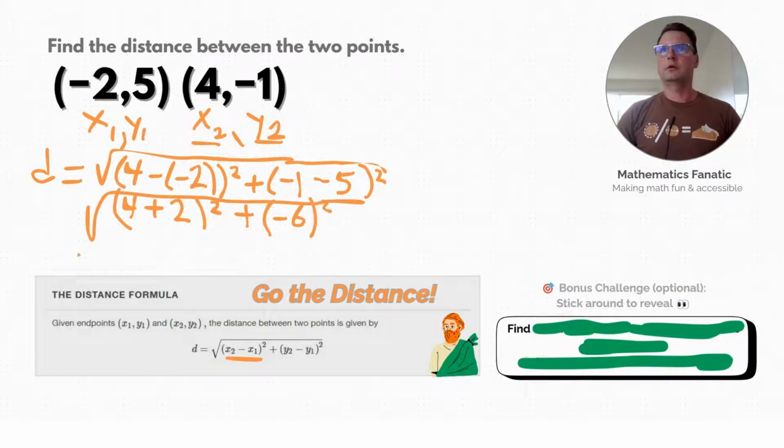Okay. 4 plus 2 is 6. So we have 6 squared plus negative 6 squared.